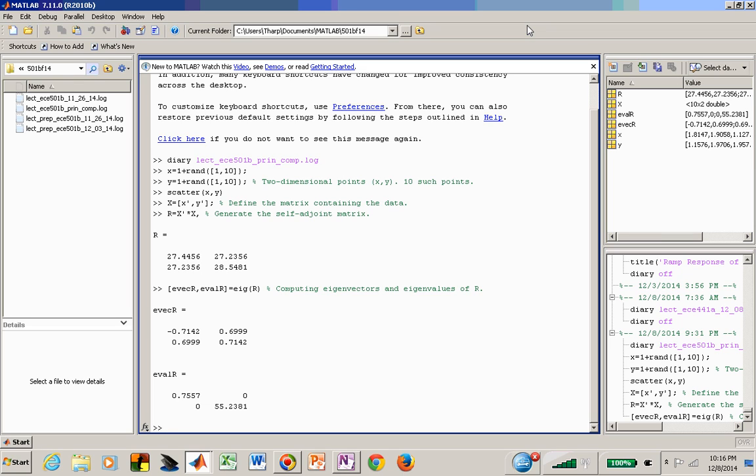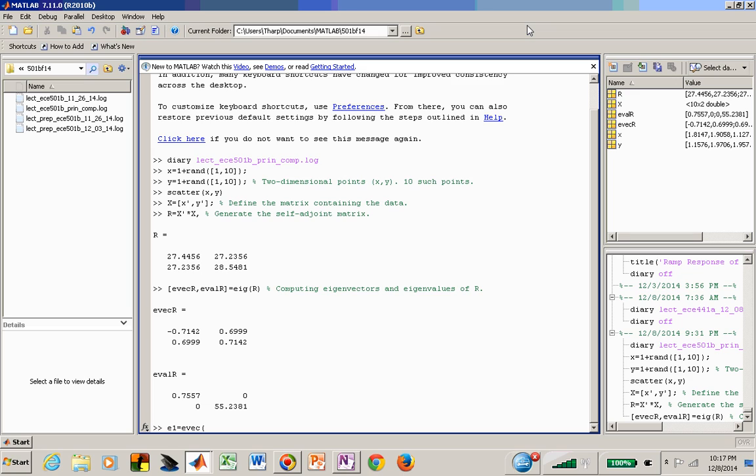We now need to find the direction associated with the largest eigenvalue. The largest eigenvalue is obviously 55 in this case. The smallest one is 0.75. So we now need to get the second vector, or the second column in evec R, to be our E1 that we had labeled before in our description. So we now want E1 to be this eigenvector, and these are orthonormal eigenvectors since R was self-adjoint.